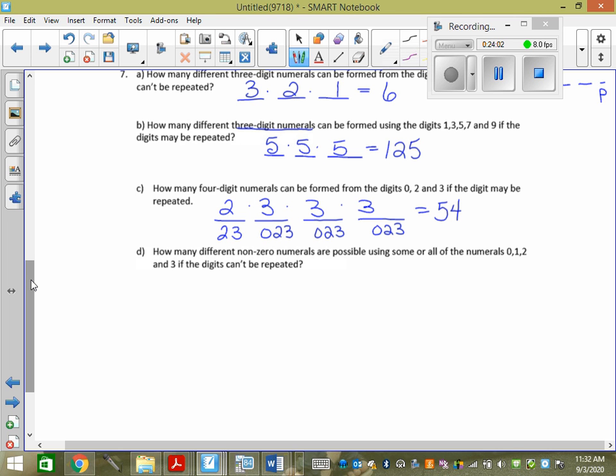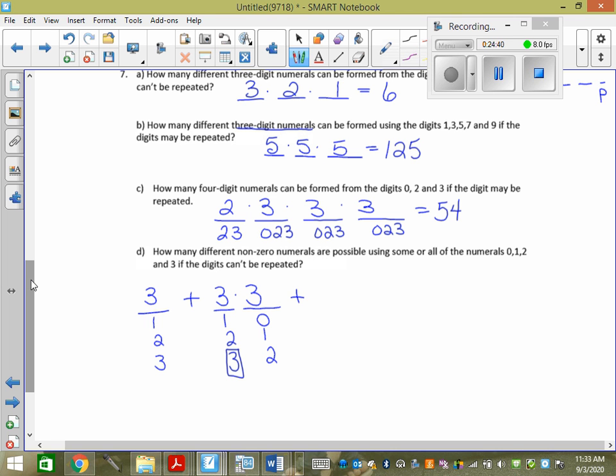Non-zero numerals are possible using some or all of the numerals 0, 1, 2, 3. Digits can't be repeated. So it's saying some of them or all, right? So I can start with a 1-digit number. What could my options be? 1, 2, and 3, which is 3 options, right? Or I could have a 2-digit number, so I have 3 options here, and then 3 options again, 0, 1, 2, 3.